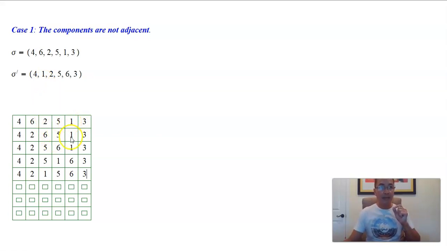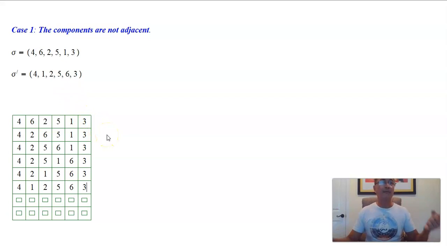Original was plus, minus, plus, minus, plus. So when we swap one more time, we're going to get 4, 1, 2, 5, 6, 3. Are we there yet? 4, 1, 2, 5, 6, 3. So that is exactly our sigma prime.